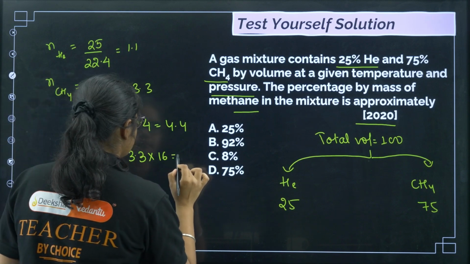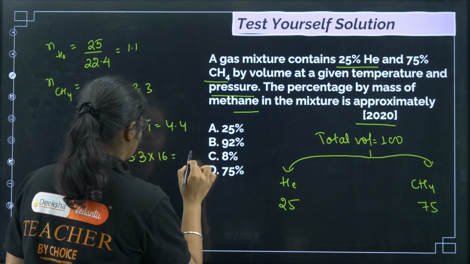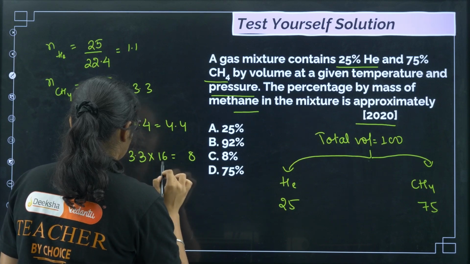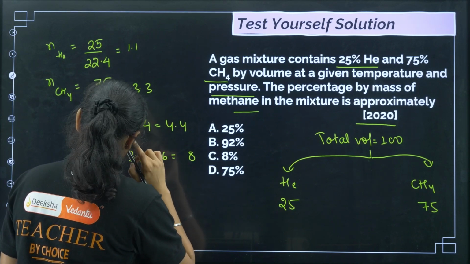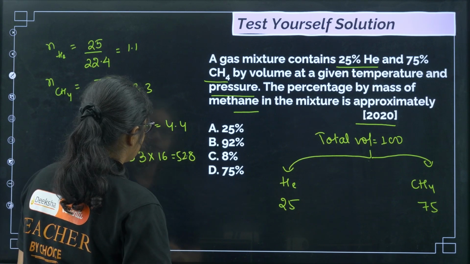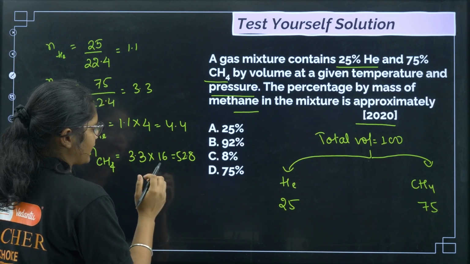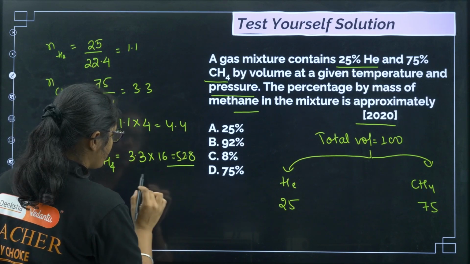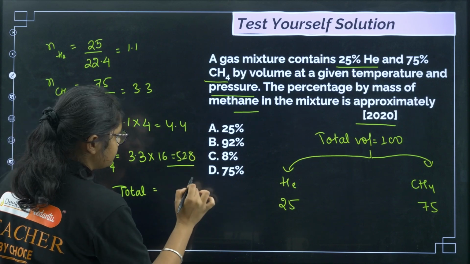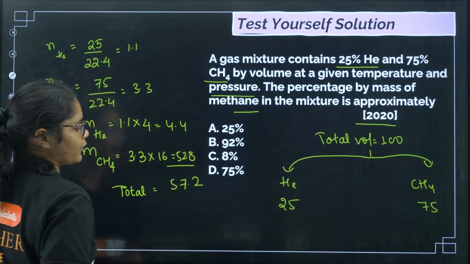I can calculate this one. 16 into 3.3, 16 threes are 48, and we will get 52.8. Now the total mass will be the addition of these two, so we get 57.2.